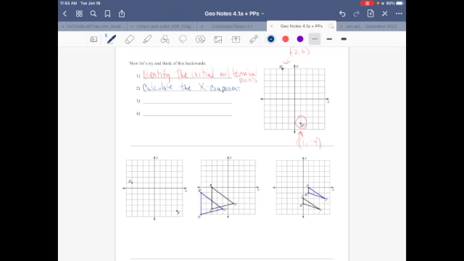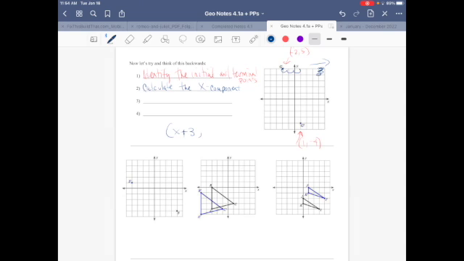So how far do I have to go on the x? Let's count it here. 1, 2, 3. So we went 3 in the positive direction. So that's going to be x plus 3.